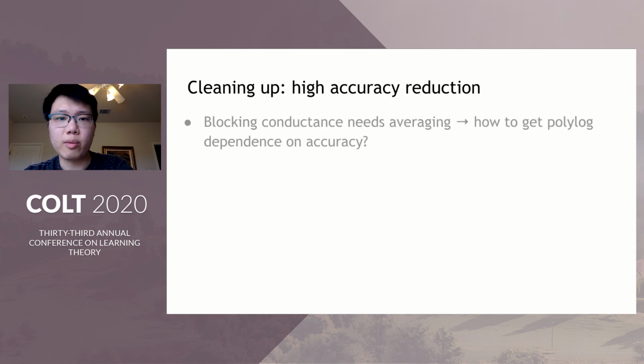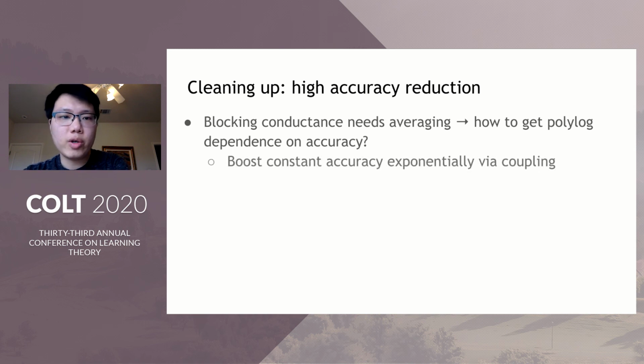This blocking conductance framework also has its own difficulties that we need to deal with. And one issue is that because it's an averaging framework, it's a little bit more difficult to get a high accuracy dependence on the desired accuracy epsilon. And we introduced a new boosting technique, which is able to exponentially boost this warmness parameter by a coupling argument.